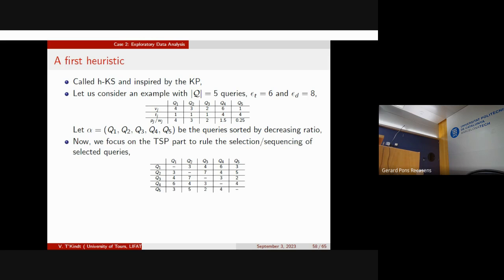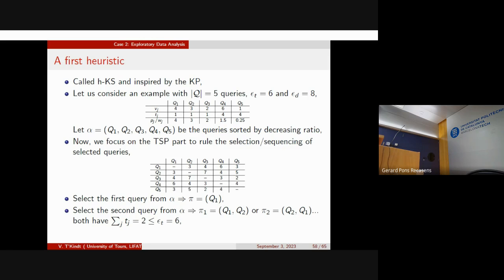I have here my distances for the TSP problem, and I select the first query, Q1, great. That's the first step, so I have nothing more to do. In the second step, I select Q2. I have to check: the sum of processing times is equal to 2, lower than 6, my bound, so I can select Q2.